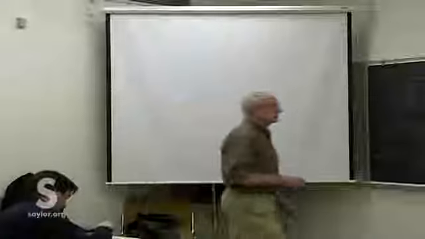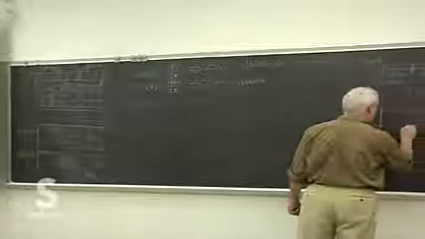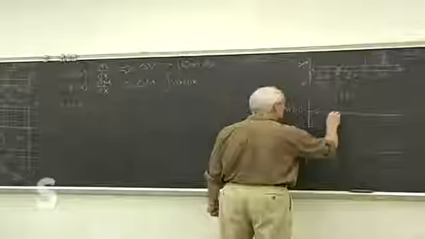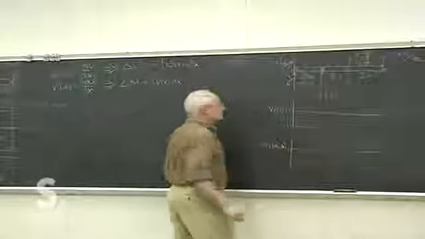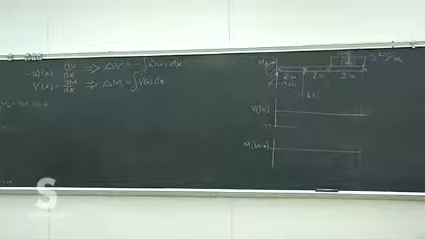Then you know there's no more load on the beam between A and B, so it just goes straight over. That help? Travis, that helped a little bit?